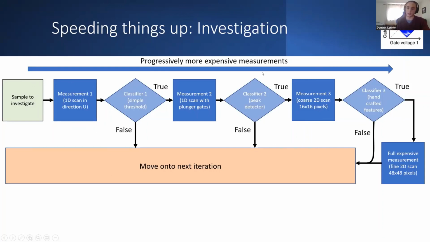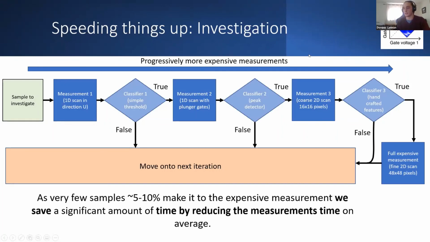The machine learning really is in the decisions. They could be machine learning if you wanted to, and a lot of the literature could be slotted into these spots. But for now, these are just simple tests, really. And this is really beneficial because we rarely make it through the entire sequence, so we reduce the amount of measurement time we have to make on average.